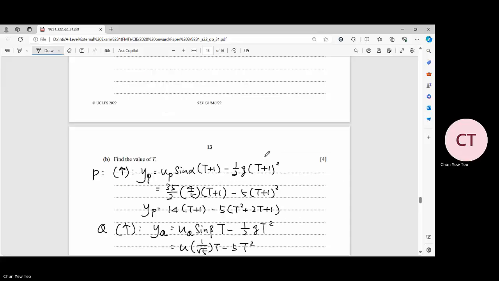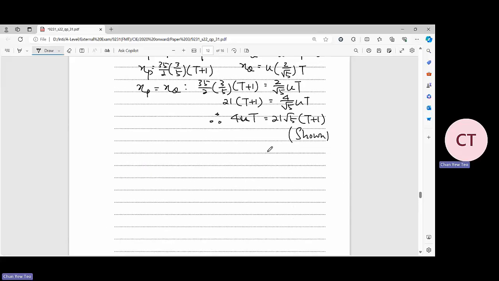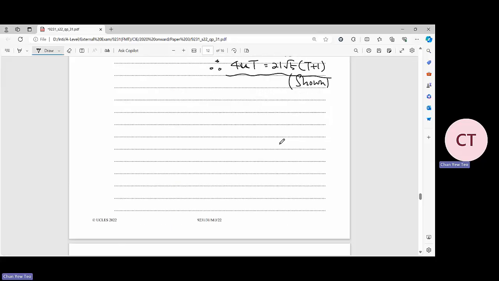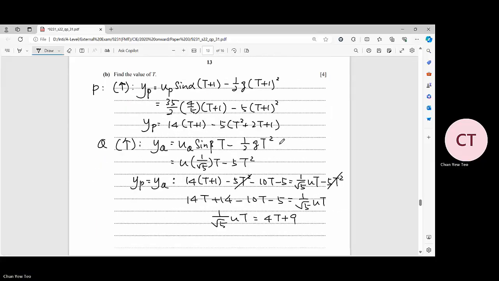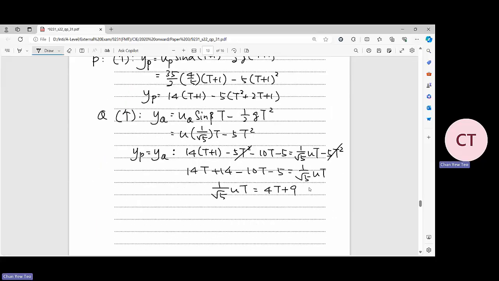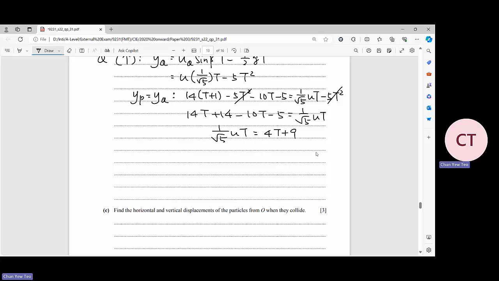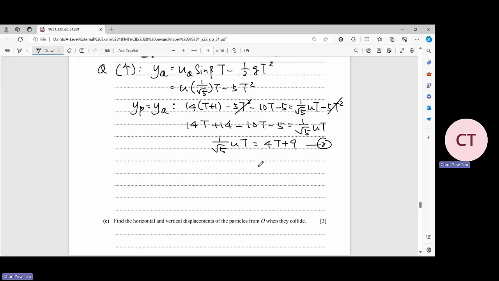Okay, then from here, maybe this time I can call this one equation 1 and this one equation 2.